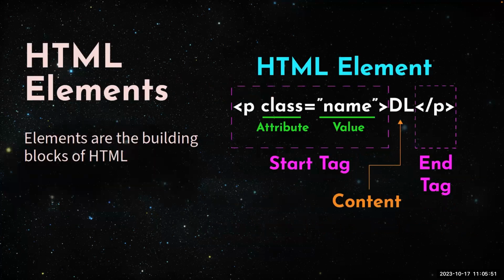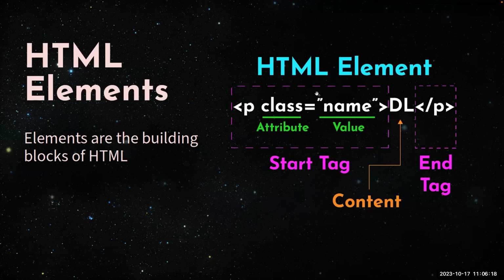So before we jump into actually learning some of the code, I want to explain what an HTML element is. It's a building block of HTML in the sense that everything you write in HTML is going to be following the syntax, where the entire element is this whole piece of content in white.